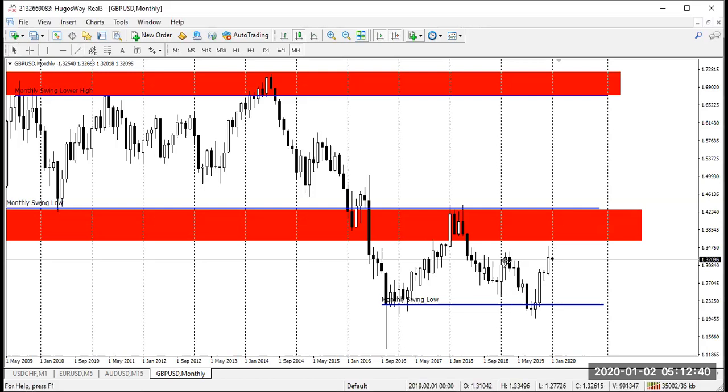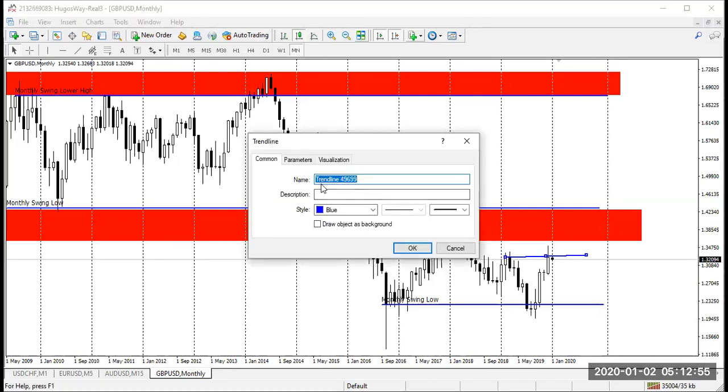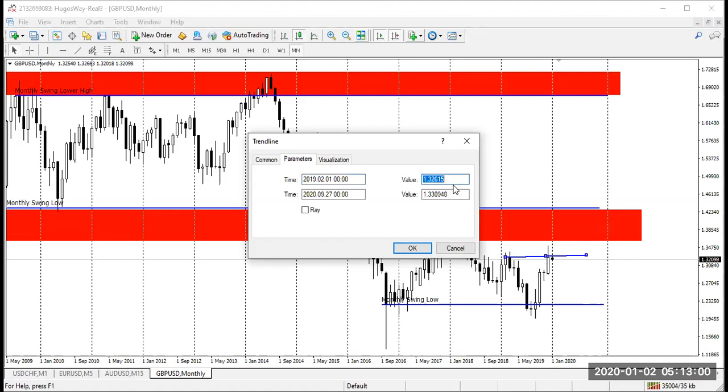Now in this particular swing high, we'll use this last bullish candle, which closed at 1.32615. All right.